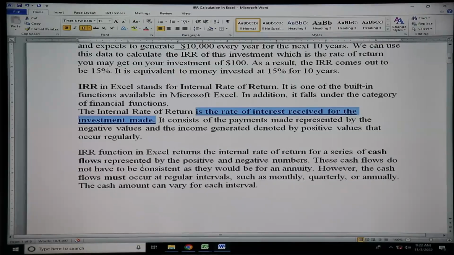The IRR function in Excel returns the internal rate of return for a series of cash flows represented by positive and negative numbers. These cash flows do not have to be consistent as they would be for an annuity, that is yearly. However, the cash flows must occur at regular intervals, such as monthly, quarterly, or annually. So the cash amount can vary for each interval.